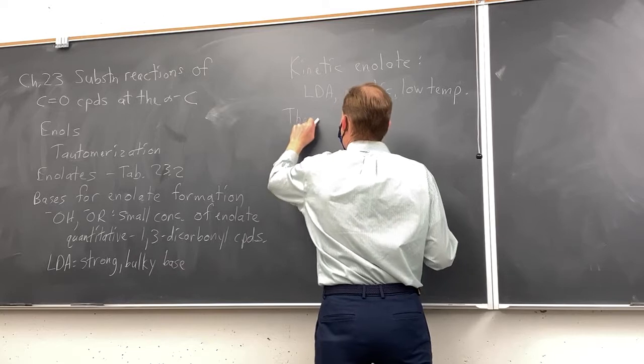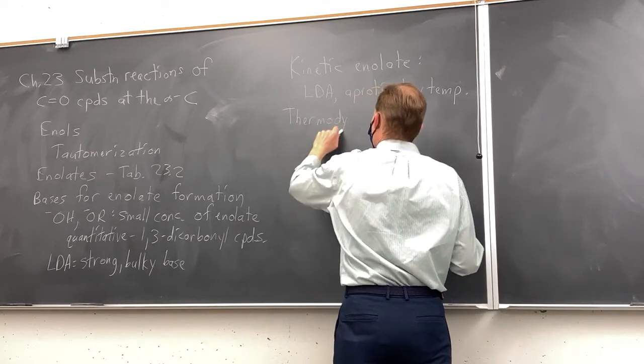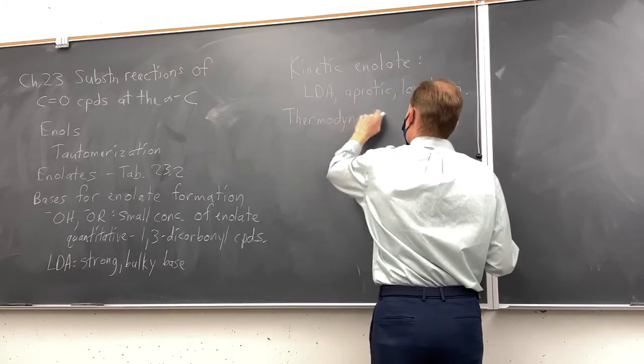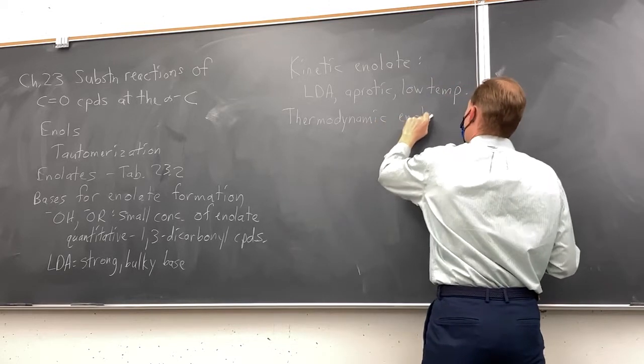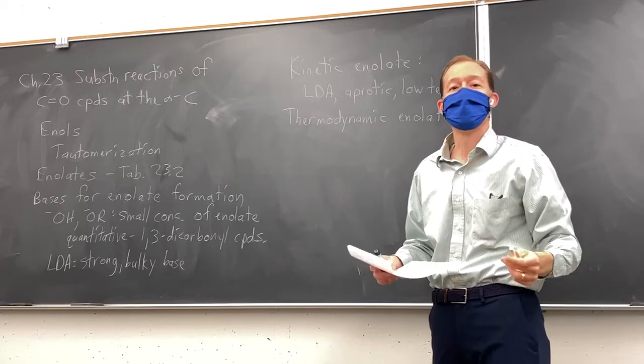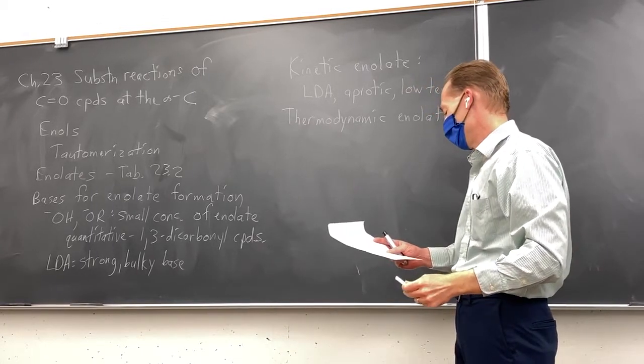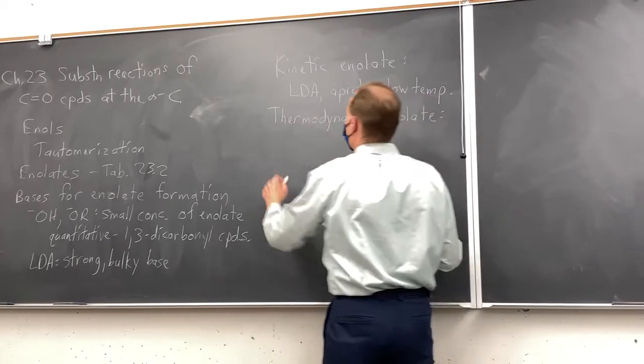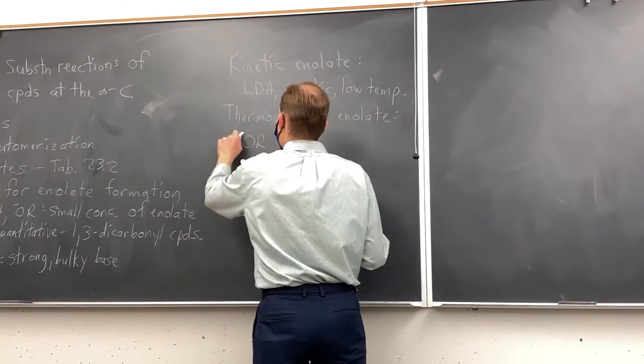And then we have the thermodynamic enolate. The more substituted enolate, which is formed more slowly, so we have to rely on equilibration. We have a different set of conditions there.